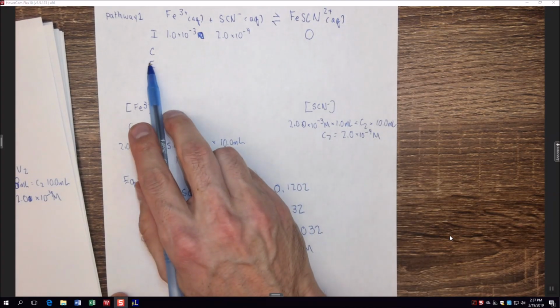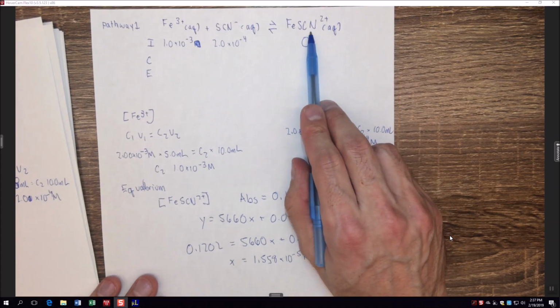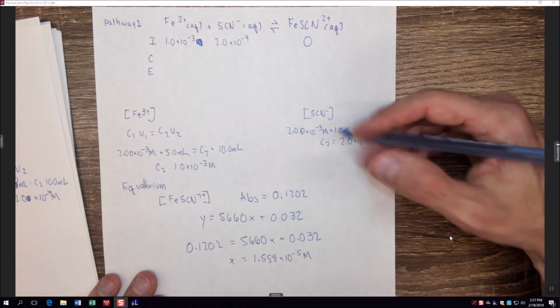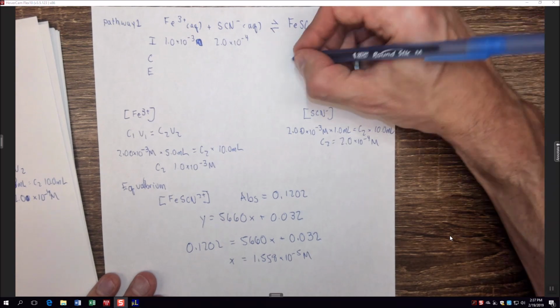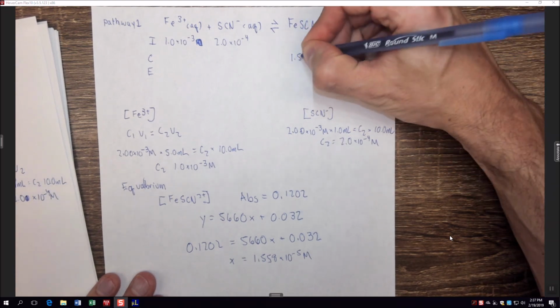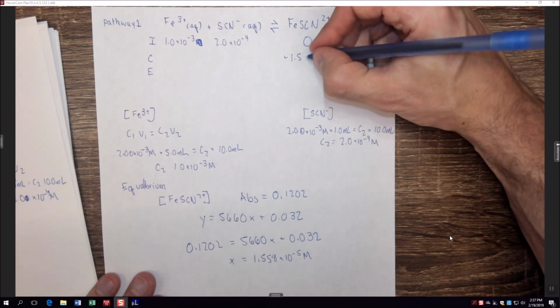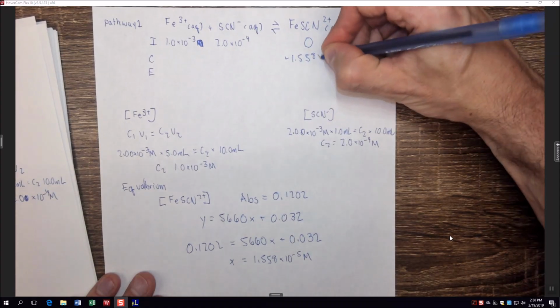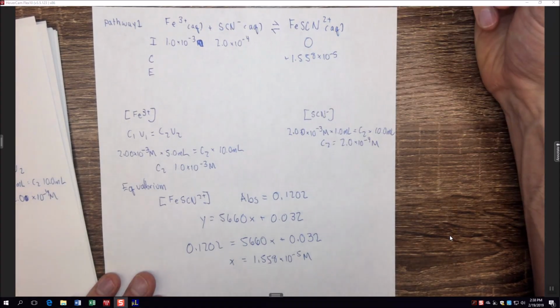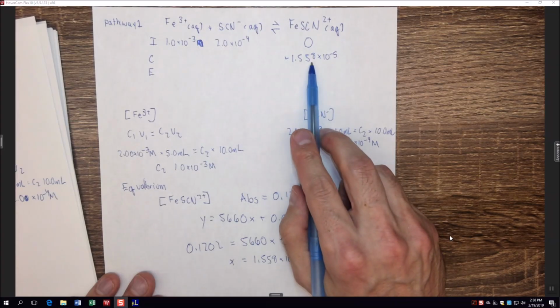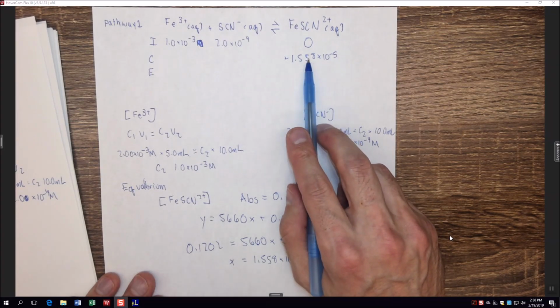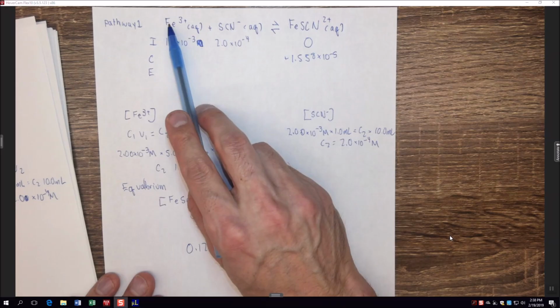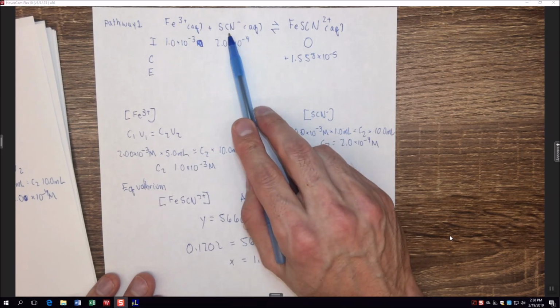So this is the change. We started with none of the FeSCN2+, and at equilibrium, as measured by spectroscopy, the concentration is an additional 1.558 times 10 to the minus 5. Well, if we form this amount of product, we must have lost this amount of iron and this amount of thiocyanate.